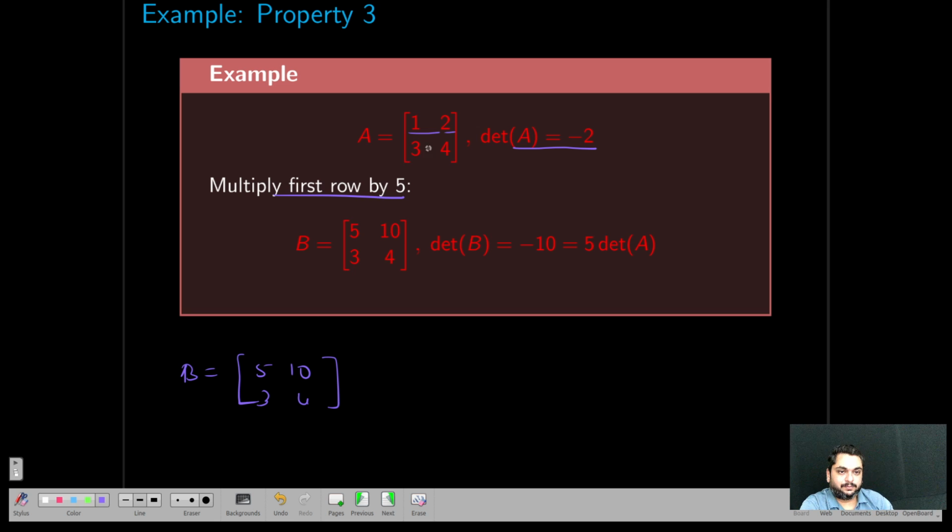This remains the same, only the first row I am multiplying by 5. So what will be the determinant of B? It will be 20 minus 30, that is minus 10. This is nothing but 5, which is k, what I multiplied, into the determinant of A.